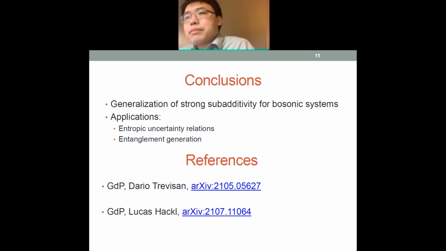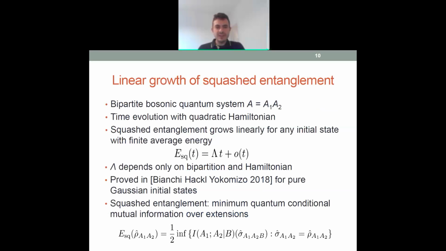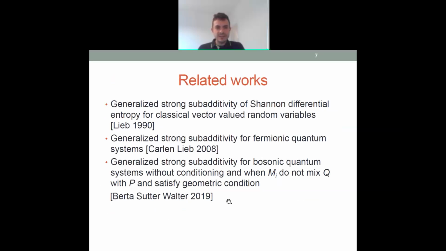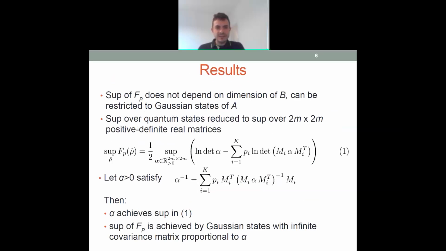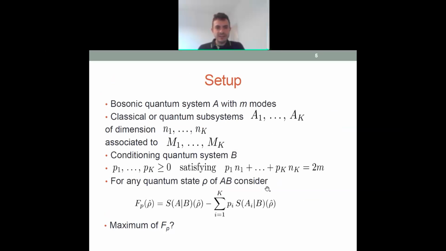Yes, I didn't have the time to talk about this in this presentation, but it has been proved in this paper by Berta, Sutter, and Walter that any inequality like this for the entropy, like an upper bound to a quantity like this, always implies a corresponding dual trace inequality that will depend on the quantum channels that produce the marginal states of this subsystem given the original system.